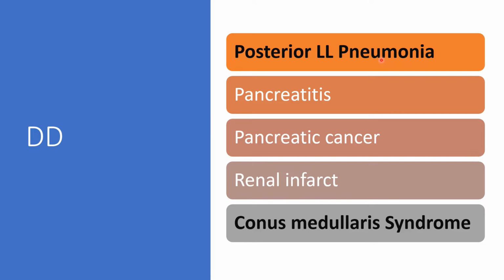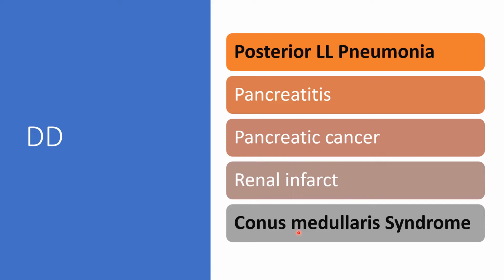So it might even be lower respiratory tract infection trouble, maybe as a result of trouble with the pancreas, like pancreatitis or pancreatic cancer. Why that? The pancreas has part of it that is retroperitoneal. Might be renal infarct or Conn's medullary syndrome.